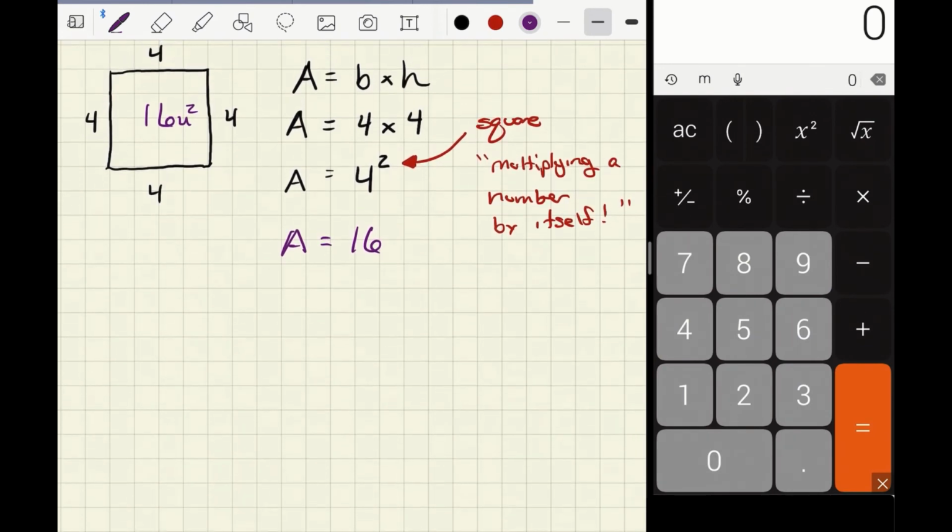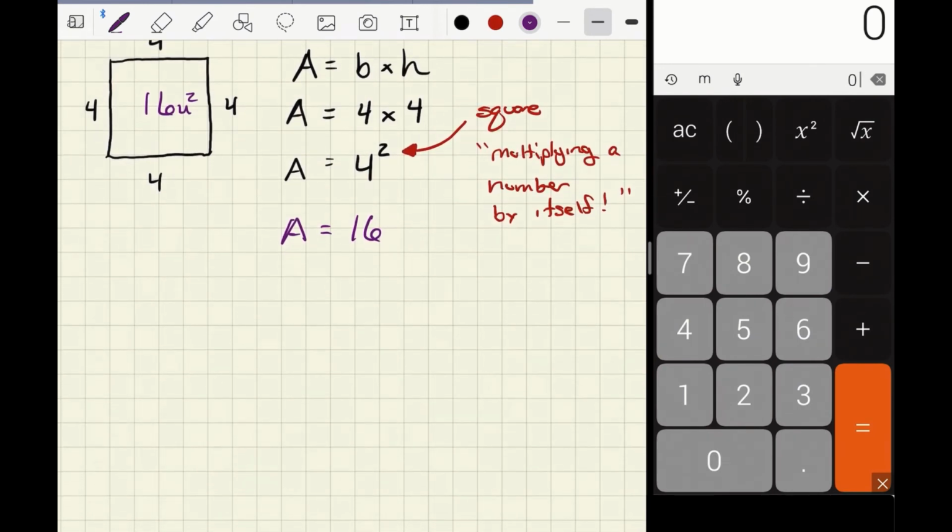But let's say that you had a situation where you had this same square, 4 by 4 by 4 by 4, but you didn't know its dimensions. I'm going to go ahead and undo that.